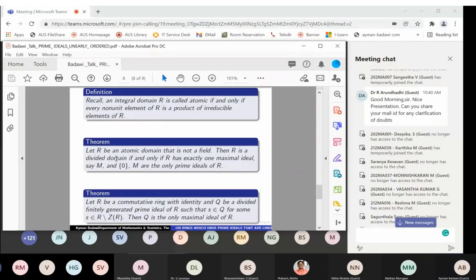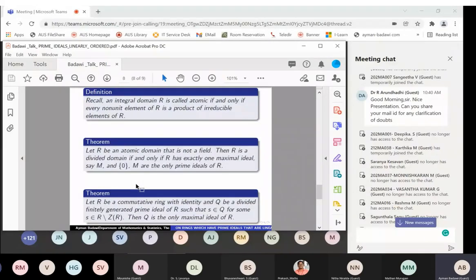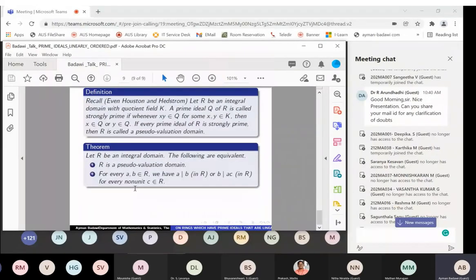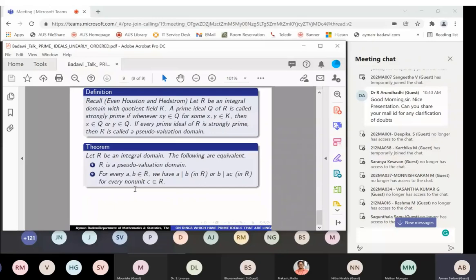I will finish my talk early, so you can have lunch break. The last result: what does it say? It says that if you have an integral domain, then the following. Okay, let me see, yeah, this one here.